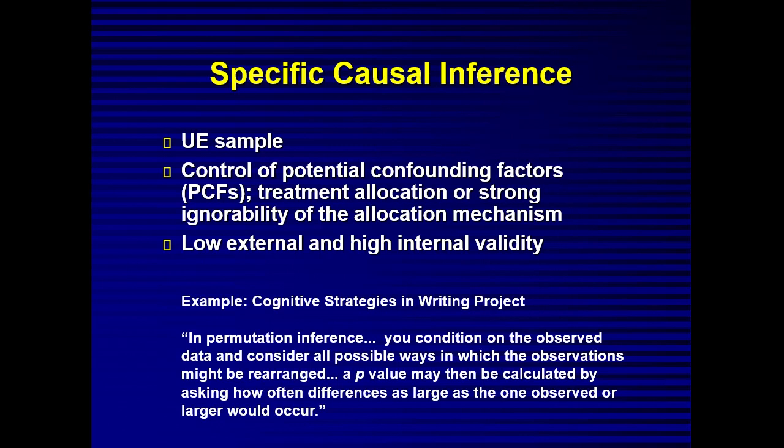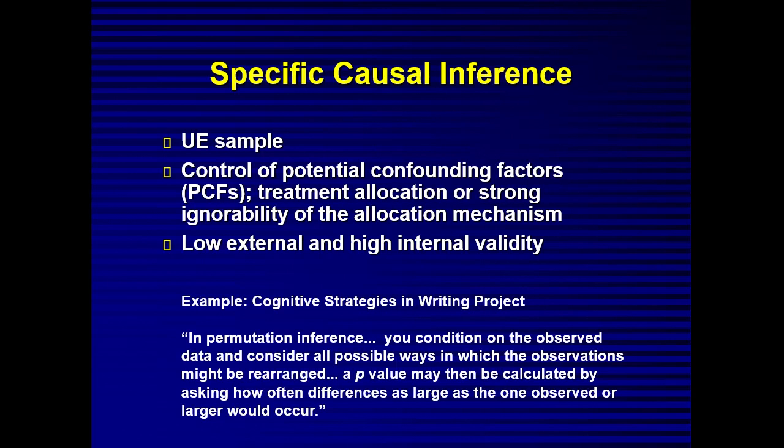So for example, if you have matching and you match on all the extraneous variables that are strongly related to the response variable, you don't really need random assignment. The problem, of course, is often when we do that matching, there are additional extraneous variables that we can't think of. But still, Draper makes a good point.